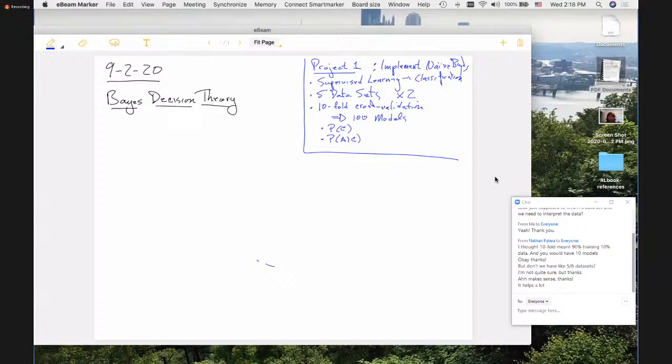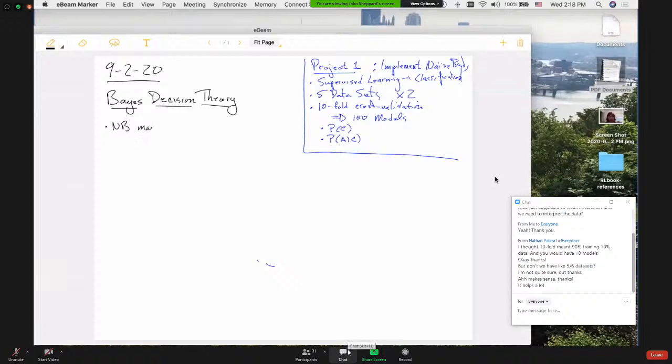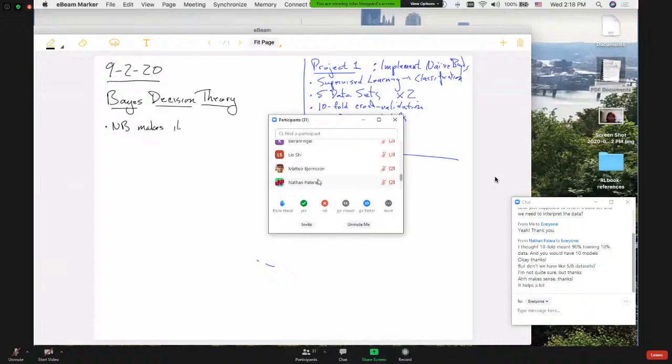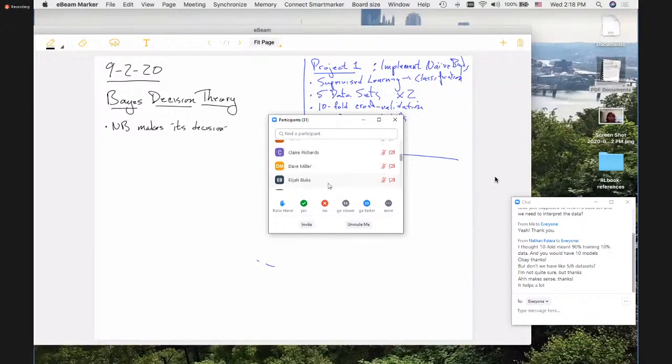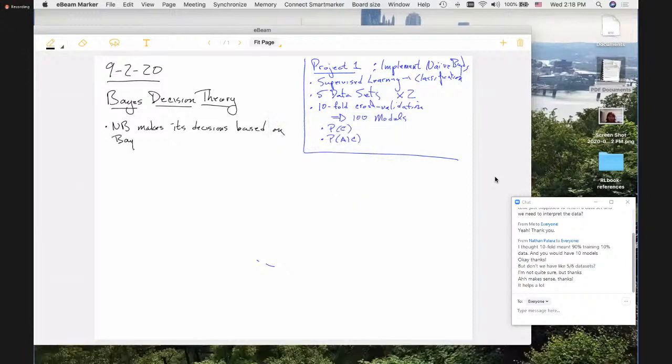And actually, this is relevant with the current topic, because you may recall that one of the things that we said when we were talking about naive Bayes is that naive Bayes makes its decisions or classifications based on Bayes decision theory.